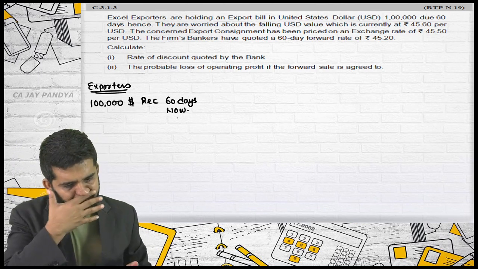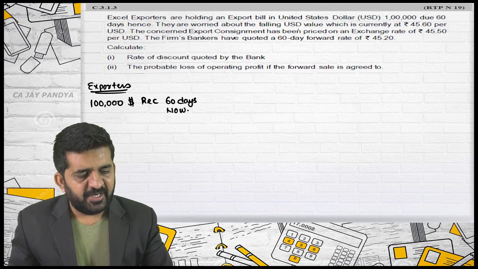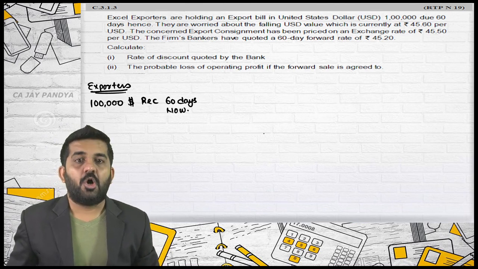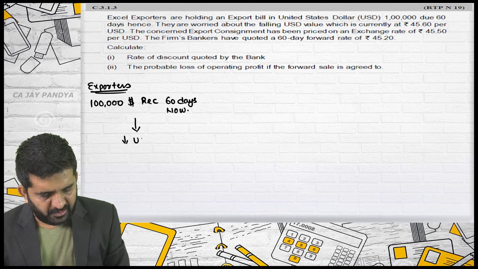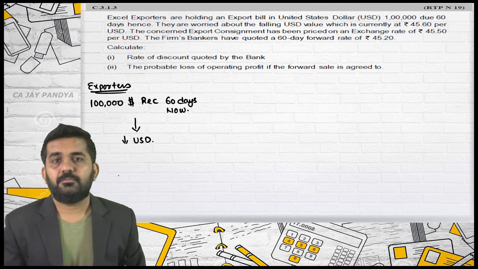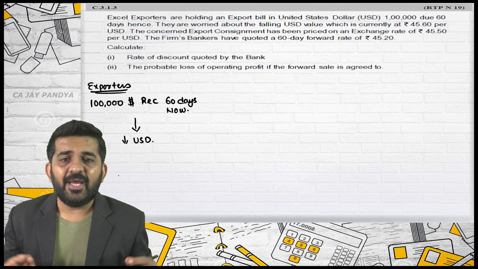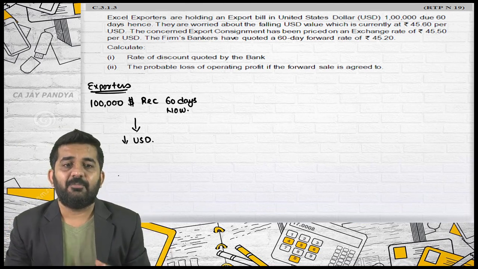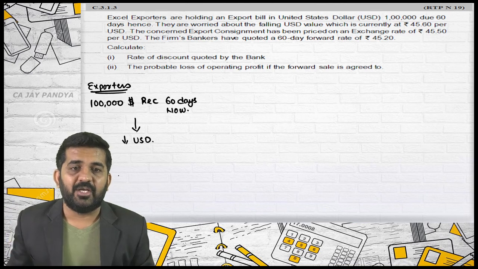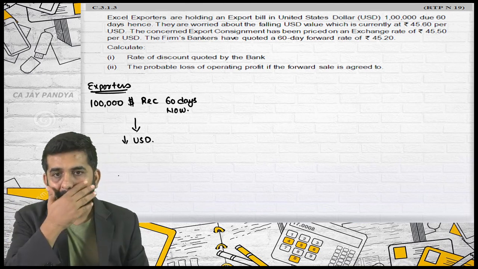They are worried about the falling US dollar value. My question to any of the students: should they be worried about the US dollar going down or the US dollar going up?